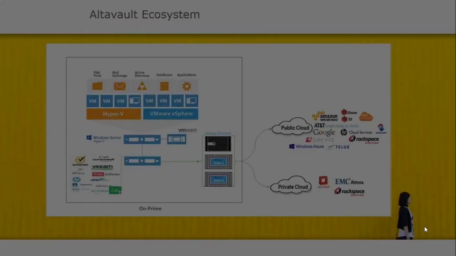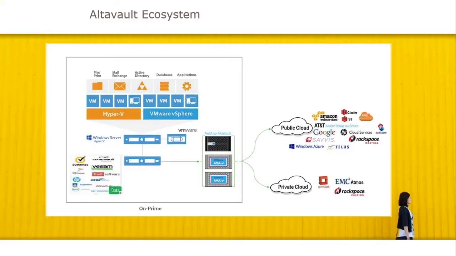So let's start with series 1, and here we have the AltaVault ecosystem. We'll be talking more about AltaVault functions, features, and how it is used in our later presentation. But I would like to show you where exactly AltaVault fits in your environment.